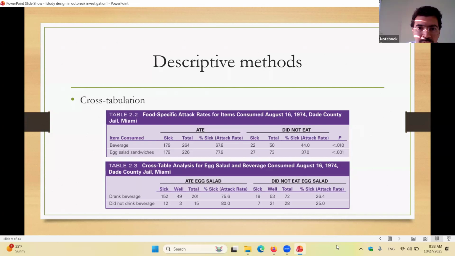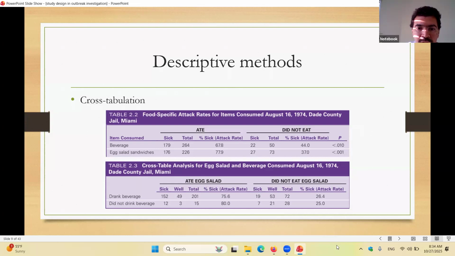These tables are from Gordis textbook. It is an example of an epidemic for persons who ate beverage and egg salad sandwiches. Using cross-tabulation, we want to find the source of epidemic, the source of outbreak.